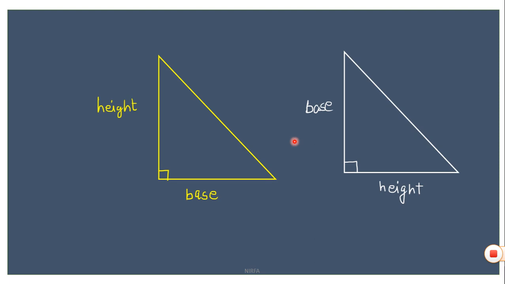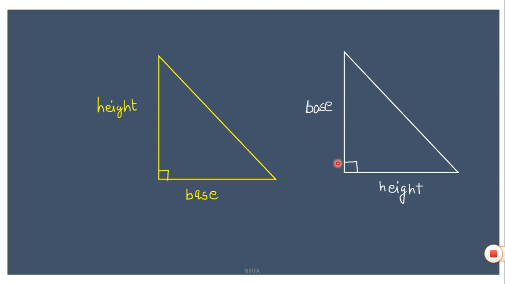So let us have these two figures. In the first figure, this is a right angle triangle, and I'm calling this side the base, and this the height, because both make the right angle. Instead, you may call this the height of the triangle and this the base. The basic point is that of the two sides of the triangle which make the right angle, one side will become the base and another side will become the height.